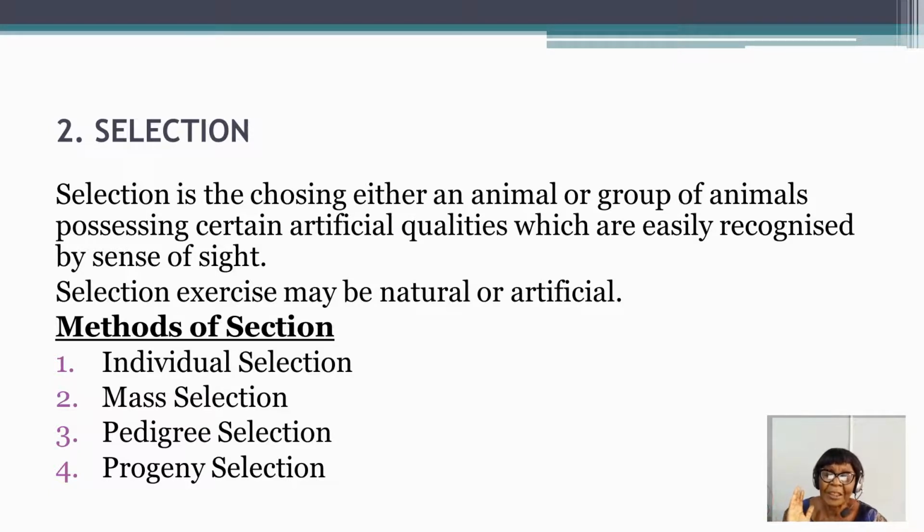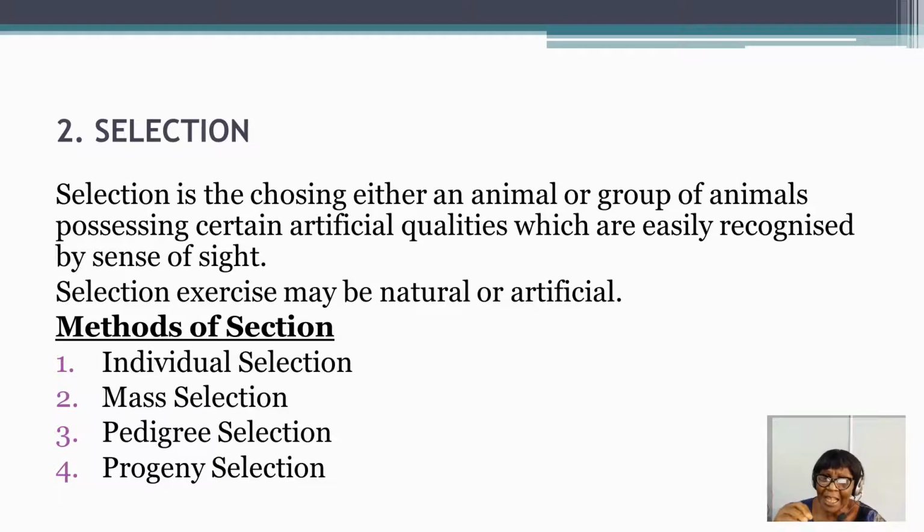Naturally, they died. And you were selected naturally to survive, to live. So in the same way, animals are like that. There are some animals that die naturally. Nothing killed them, nobody killed them. So they are eliminated. Then those that survive, some of them are picked, are selected.